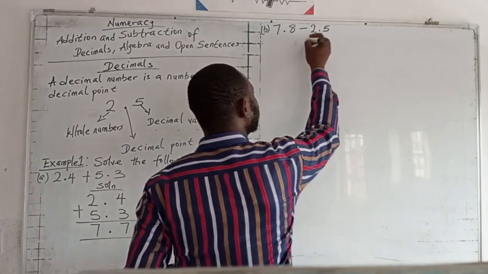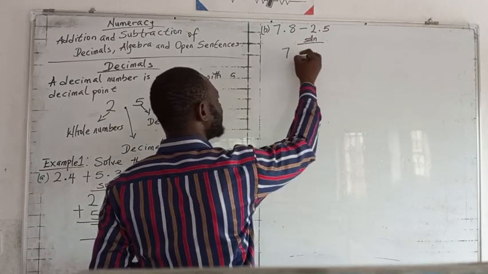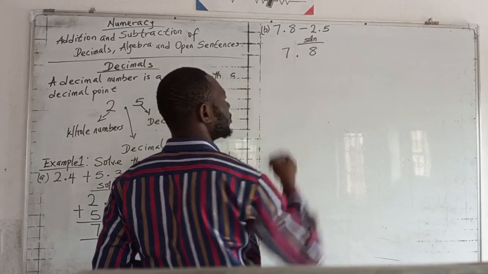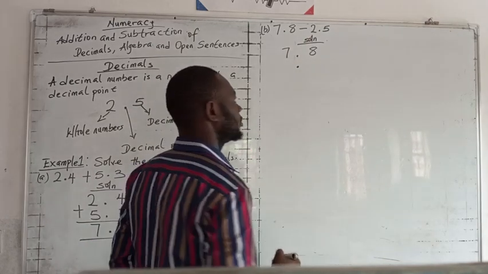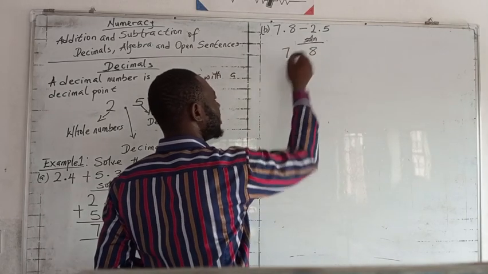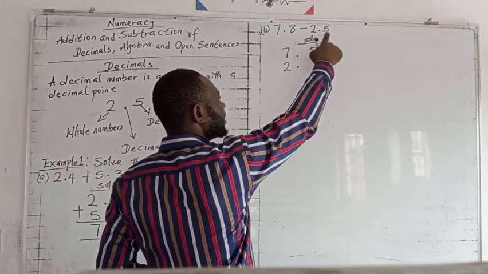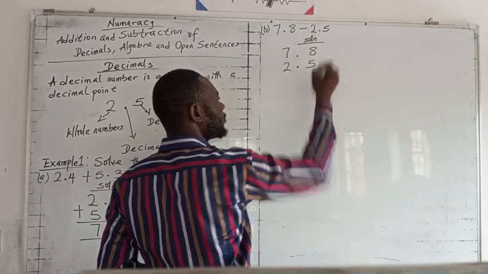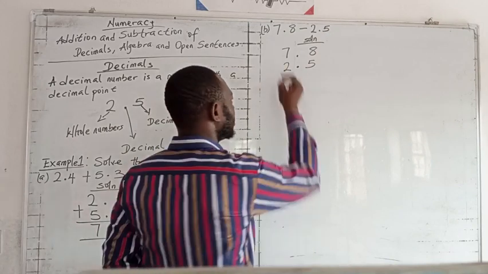So what we now do here is we write out the first number, which is 7.8. Place the decimal point so we don't make mistakes. What number is before the decimal point here? 2. So 2 comes under 7. What number is after the decimal point here? 5. So 5 comes under 8. Arrange the numbers according to their position. Then we subtract.